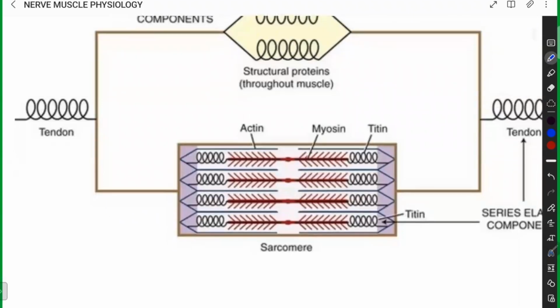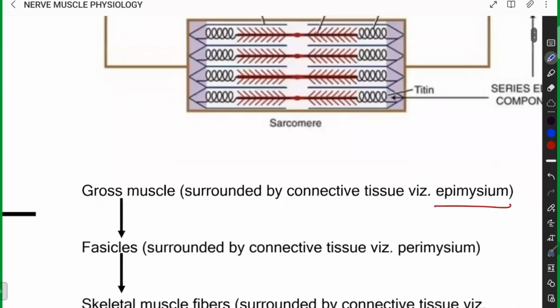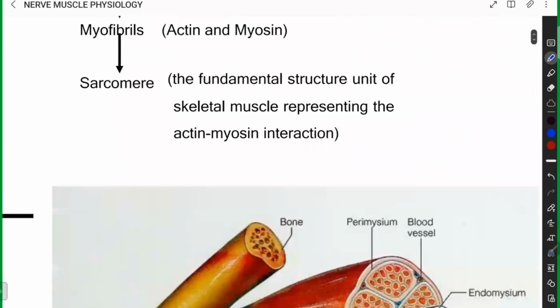Before I move towards the muscle proteins, this is what I exactly told you. So there is a tendon that is covered by epimysium. You can see inside epimysium, you have various fascicles. These fascicles are wrapped by perimysium. These fascicles contain numerous muscle fibers, and these muscle fibers are covered by endomysium.